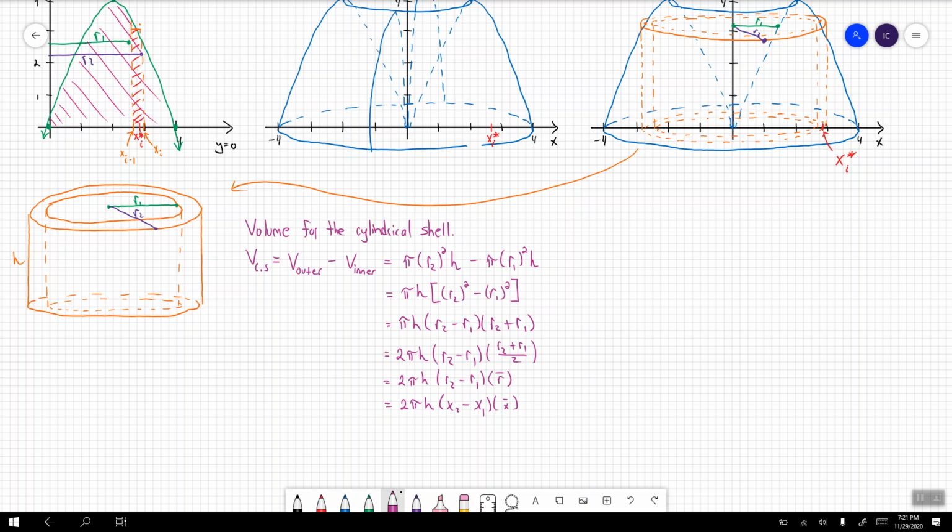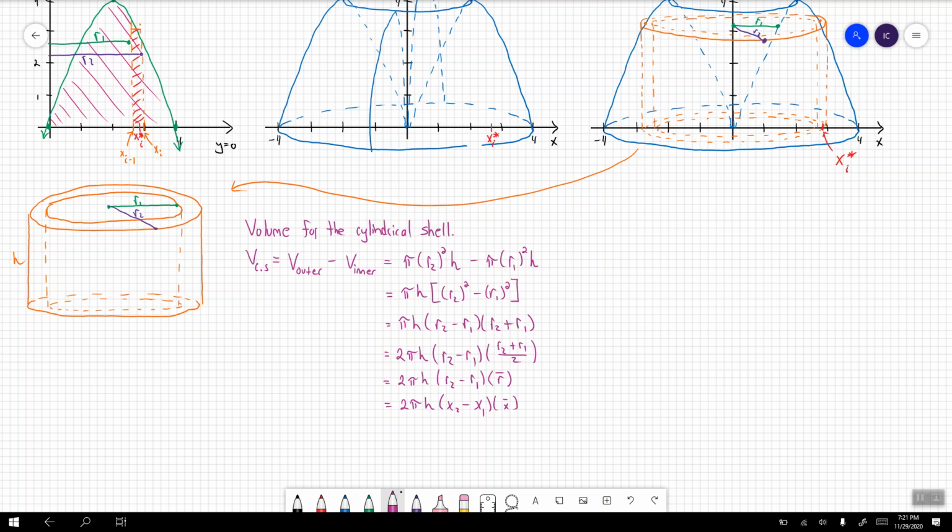But now, if we're taking the interval and if we're subdividing the interval into n subintervals, well, that just means that we're going to go through that process then. Well, what does that process then entail? That's going to entail that x2 minus x1, that's going to be your delta x.